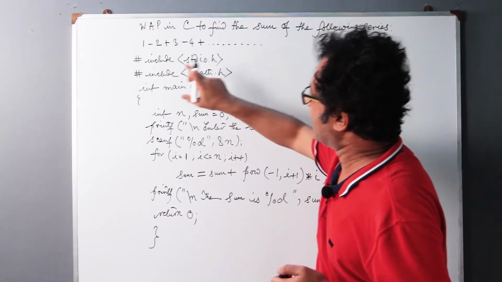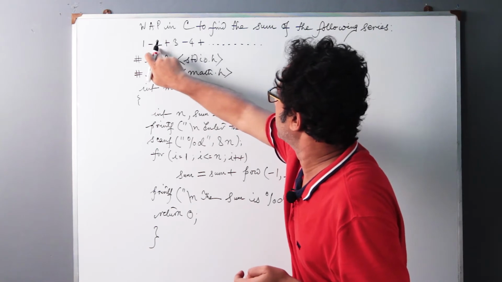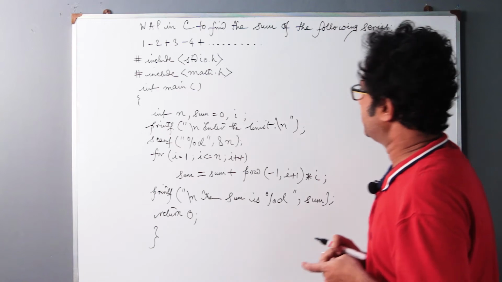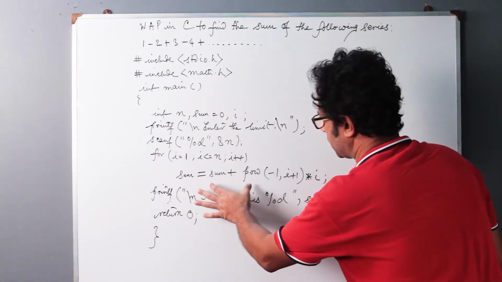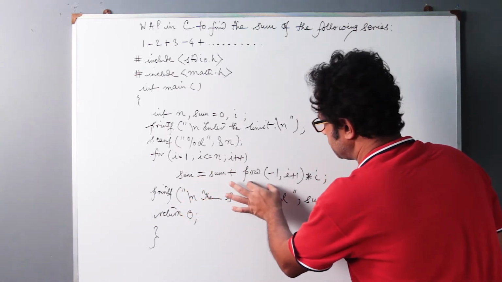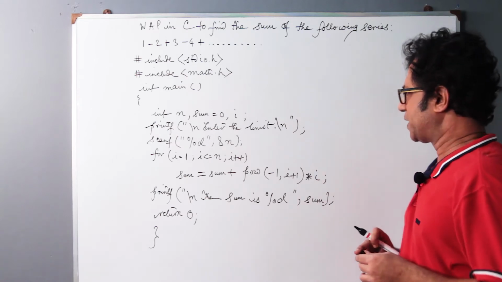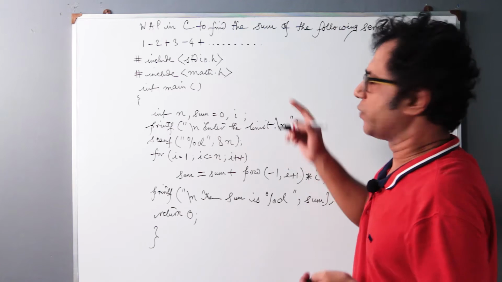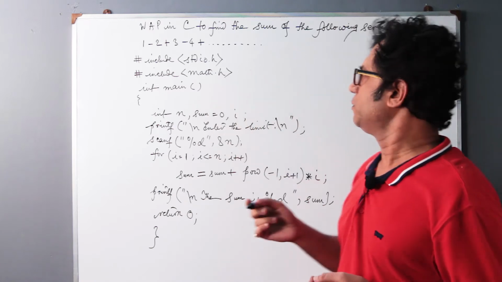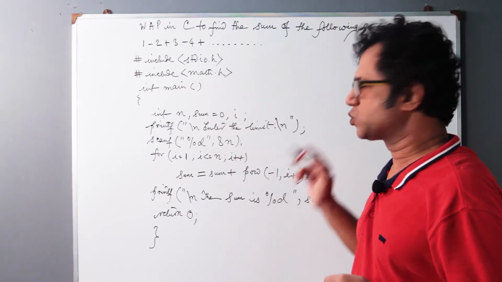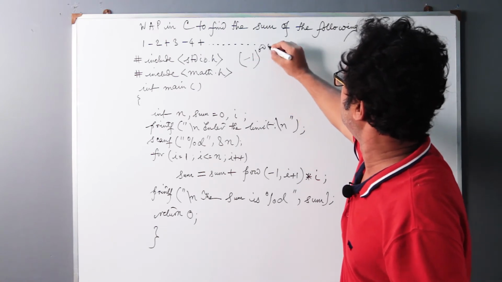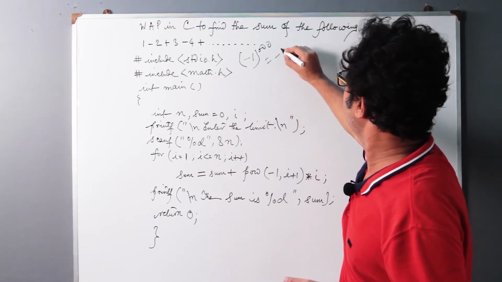In order to cater for these negative signs in between the plus signs, we are applying one simple mathematical logic. Whenever minus 1 is raised to the power of an odd number, it gives you negative 1.